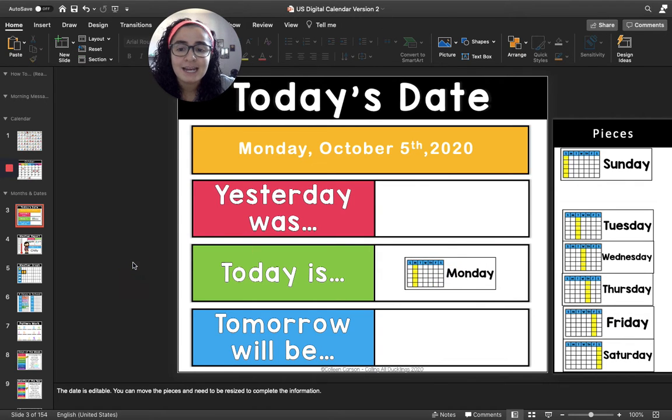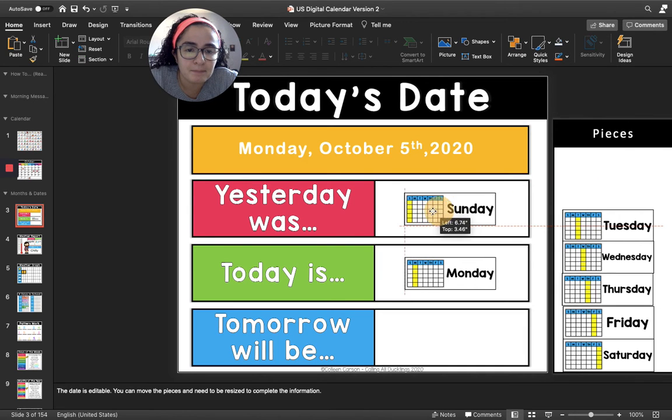All right, now let's move up to the pink box. The pink box says, yesterday was. If today is Monday, then that means that yesterday was Sunday. So I'm going to put Sunday in the pink box.